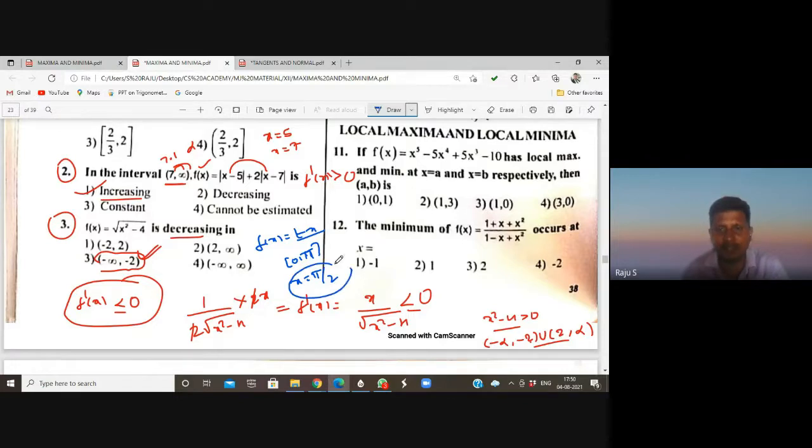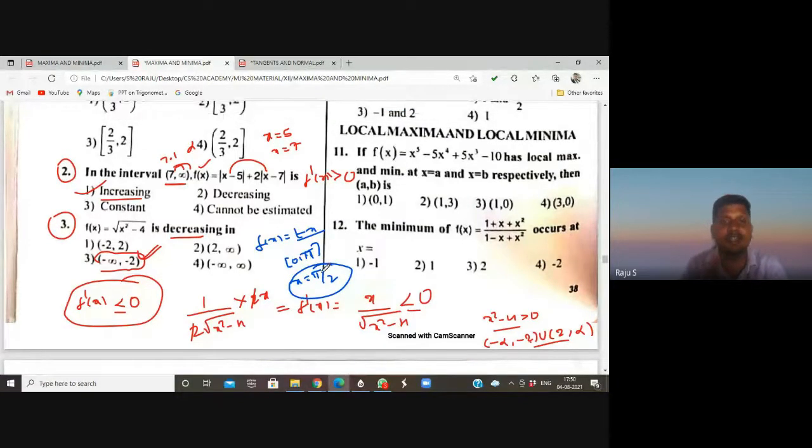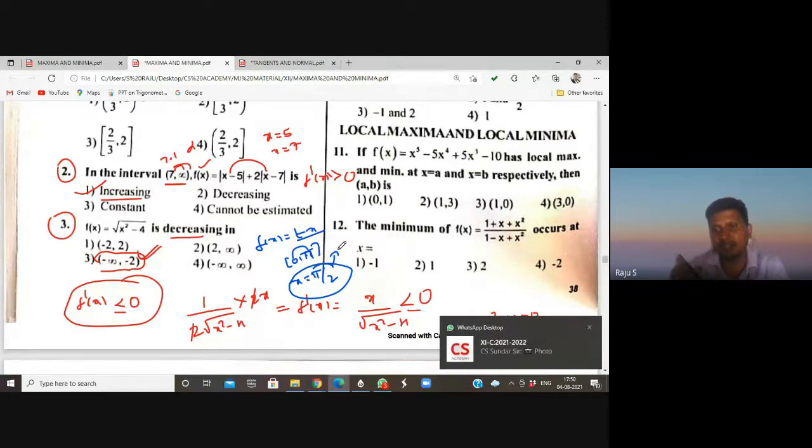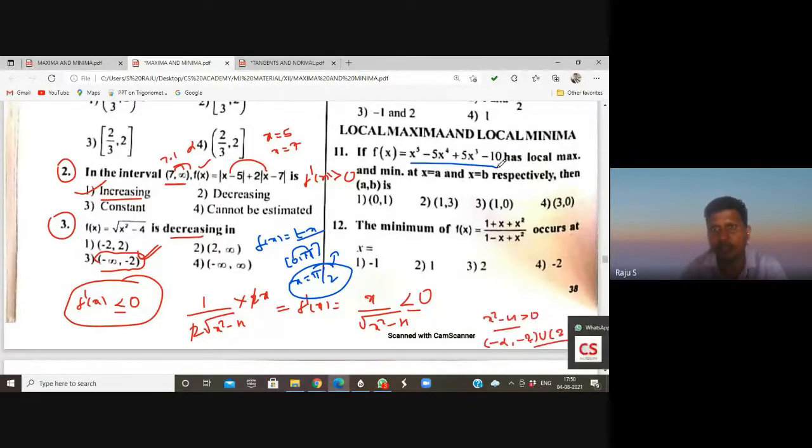So x is equal to pi by 2 is not stationary, it is critical. The remaining points 0, pi, 30 degrees, 60 degrees, 120, 150, everything is stationary as well as critical. So pi by 2 is a critical point but not stationary. Every critical point is not stationary, but every stationary point is critical. That's it.